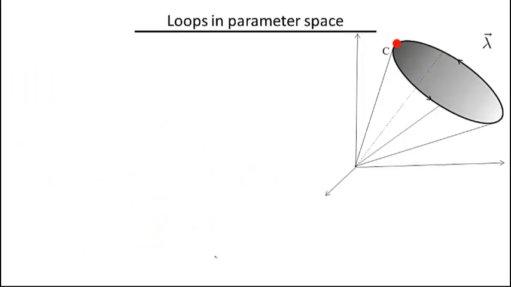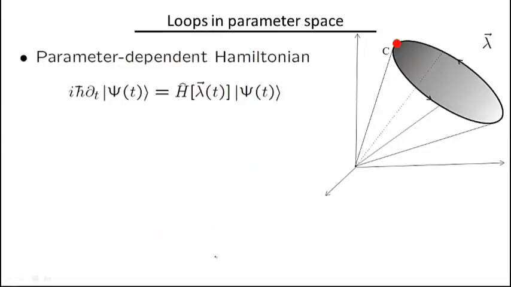So let's imagine that we have a Hamiltonian that depends on a parameter lambda. This could be anything. For example, it can be a magnetic field, or it can be some parameters of a harmonic oscillator, let's say the frequency, or something else. So whatever you want to think about. We have some set of parameters lambda, and we combine those parameters in a vector.